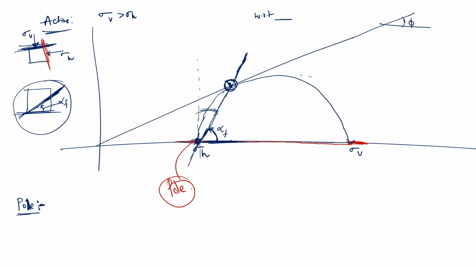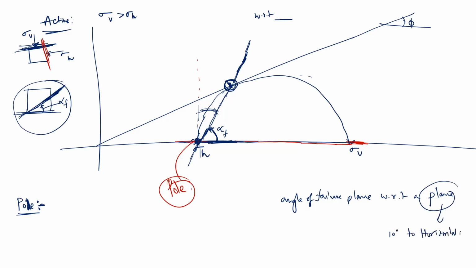Suppose you want the failure plane angle with respect to a plane which is at an angle of 10 degrees with respect to horizontal. Suppose somebody is asking for the angle of the failure plane with respect to a plane which is 10 degrees to the horizontal plane. What you have to do? You have to use the pole, that's it.